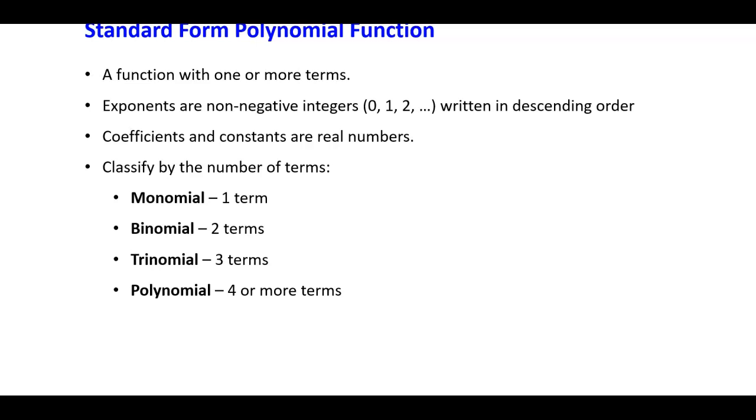That means your exponents are going to be like positive numbers that are not decimals, okay? Coefficients and constants are real numbers, okay? None of these numbers will be imaginary. There are imaginary numbers, but we're not going to use them today. And then here's how you classify polynomials. Monomial, mono 1, binomial 2 terms, trinomial 3 terms, poly for 4 and up. All right?